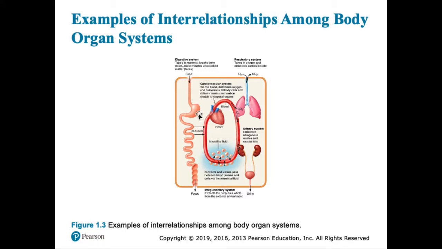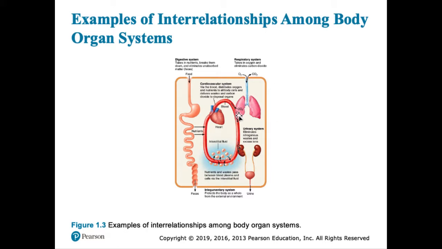Our digestive system depends upon our integumentary system. We cannot take in food to digest if we didn't have our skin outside and our openings in our mouth and things like that. Our circulatory system couldn't work if the nutrients that were absorbed through the intestines couldn't be absorbed into that circulatory system, because that's how we distribute those nutrients throughout the body, including oxygen and things like that.